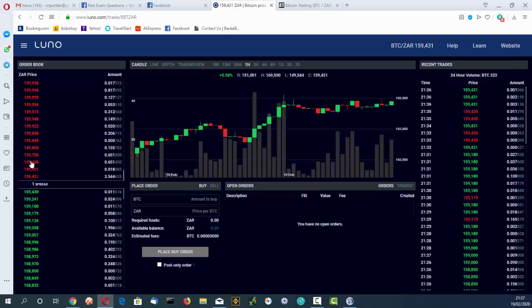All these red prices are for sellers, while all these green prices are for buyers. In the middle, there's a spread. This spread of 1 means if you deduct the buyer's price of 159,430 from the lowest seller's price of 159,431, it gives a spread of 1.